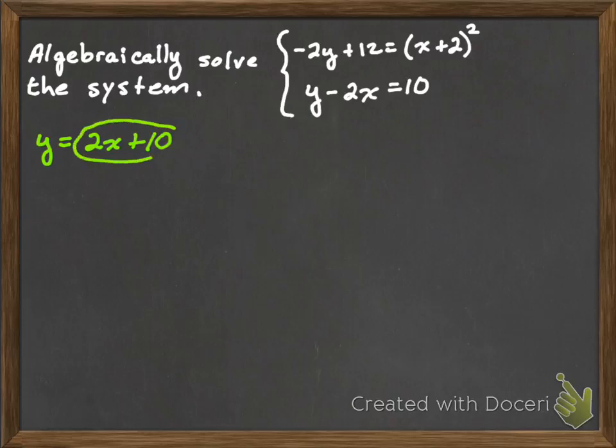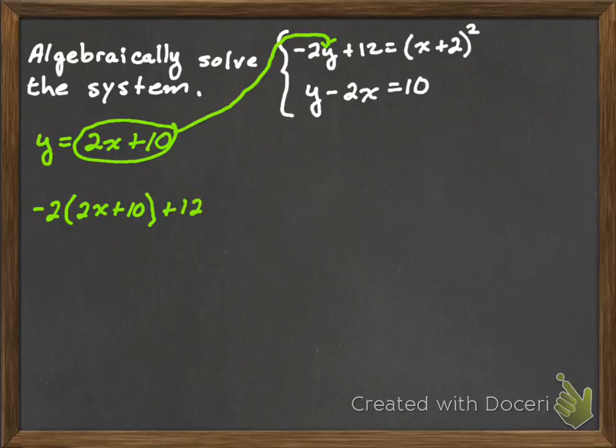And then we're going to take this and substitute it into the y value in the quadratic equation. Now we need to make sure we put parentheses around this because we have a negative 2 that has to get multiplied by this 2x plus 10. Then we have this plus 12 and the x plus 2 squared.